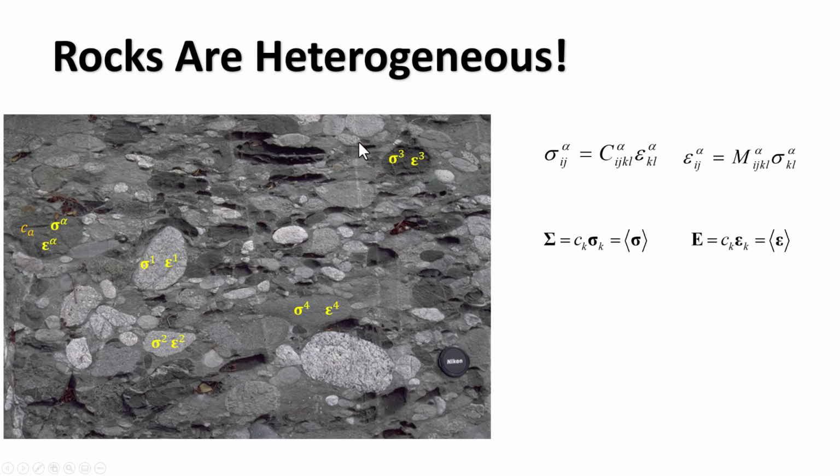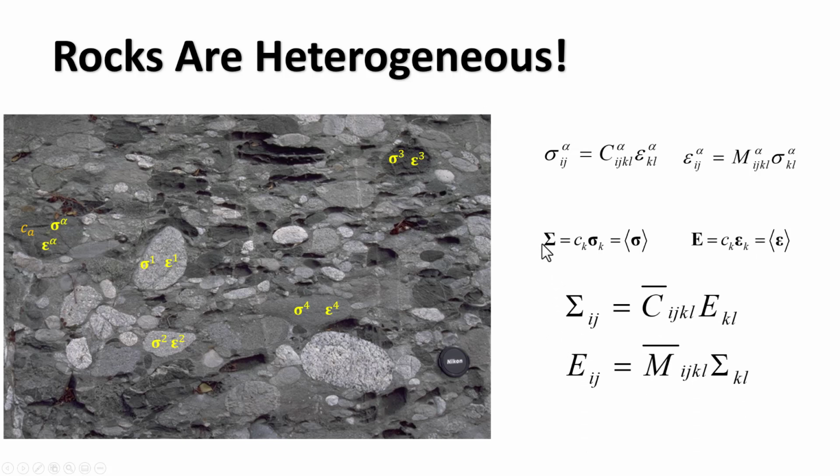Now, let us say that this is a representative volume element of the rock. The volume-weighted average stress on the representative volume element scale is this one. The volume-weighted average of the strain or strain rate is this one.